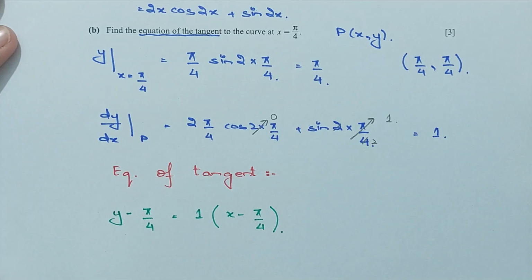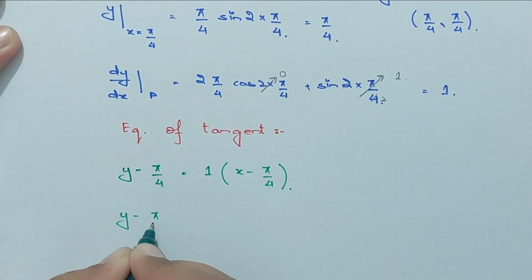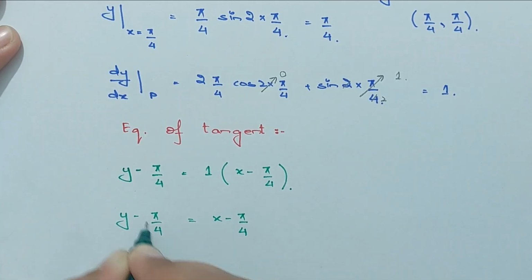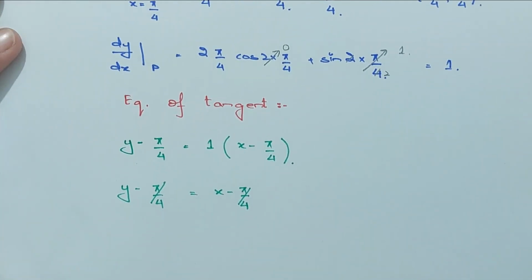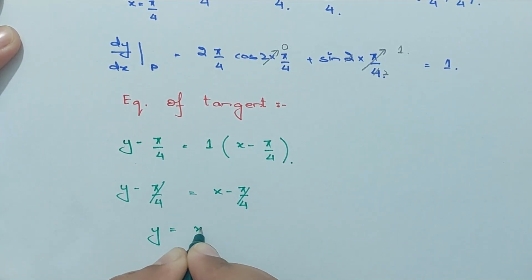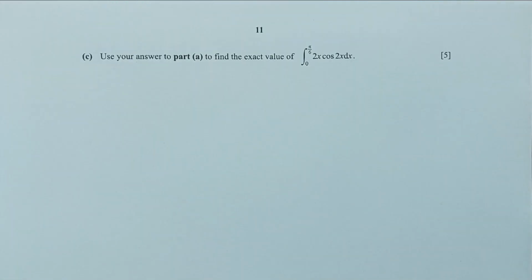For further simplification, we can say y minus pi by 4 equals x minus pi by 4. Negative pi by 4 and pi by 4 cancel out. So we can say y equals x is the equation of the tangent, or x minus y equals 0, or y minus x equals 0. These are the equations of the tangent to the curve.